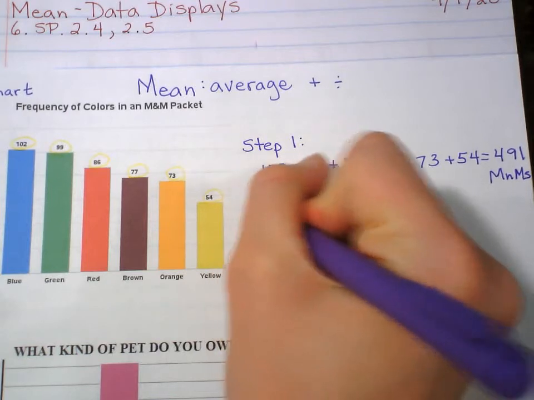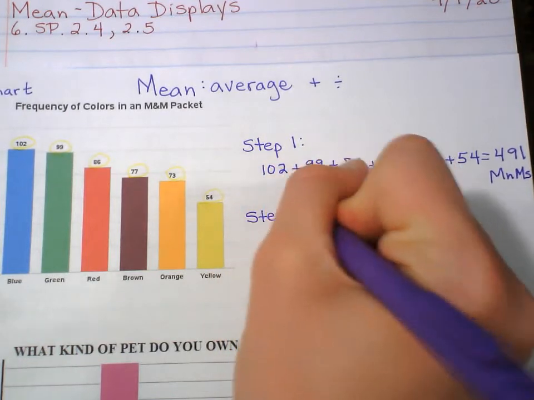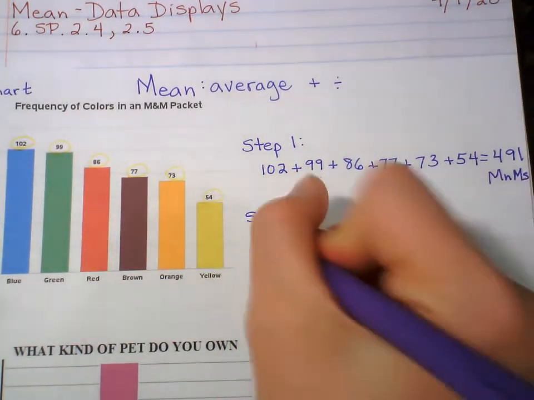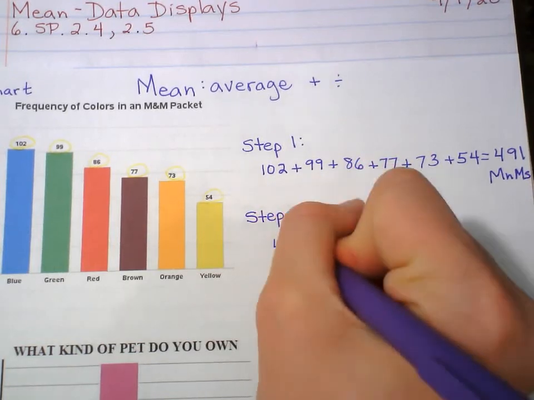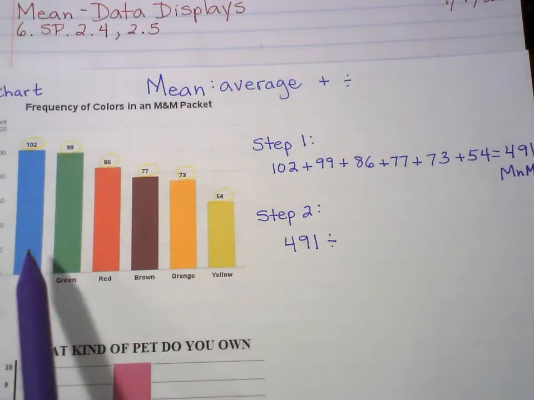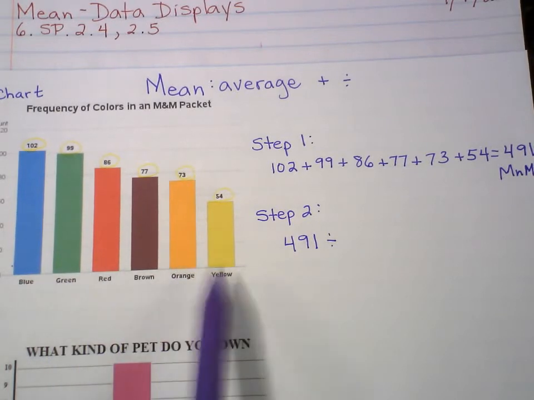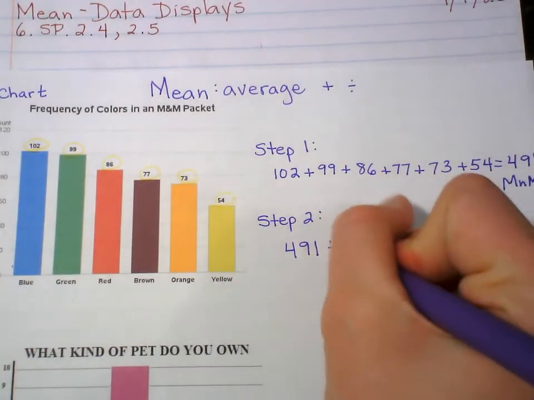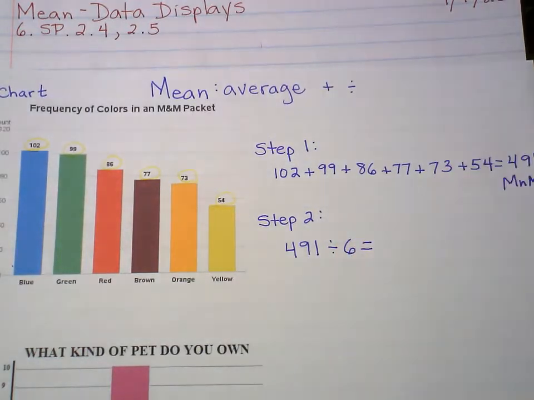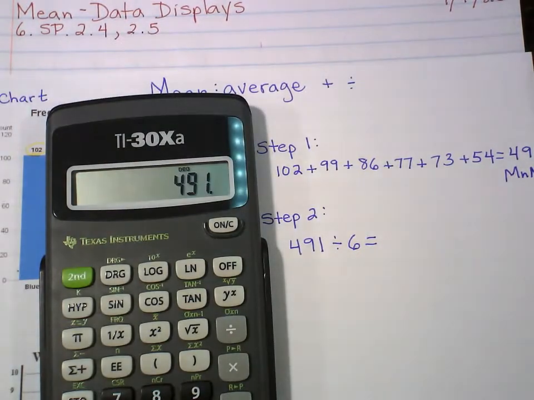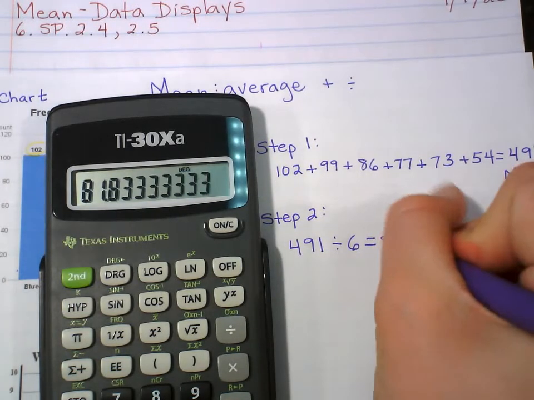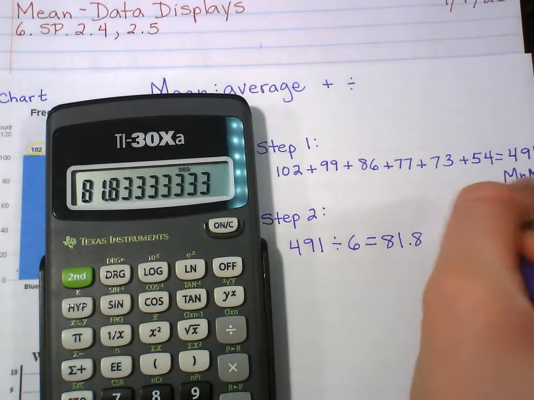Step 2, divide. So we had 491 M&Ms total in the packet, but we had 6 colors. So 491, and we're breaking them up into 6 different colors. 81.8333.